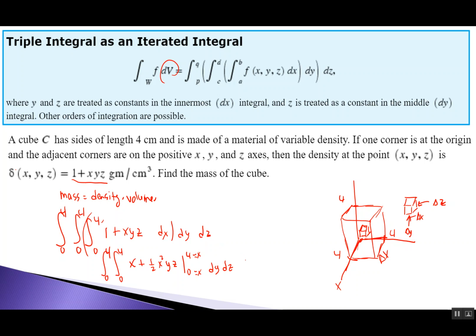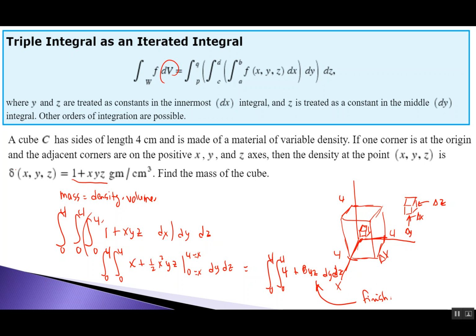So when I put in 4 here, I'm going to get 4 plus 1/2 times 16, which is 8, yz, dy dz, integrating from 0 to 4, integrating from 0 to 4, and now I'm down to a double integral, and I can just finish it out the way I do.